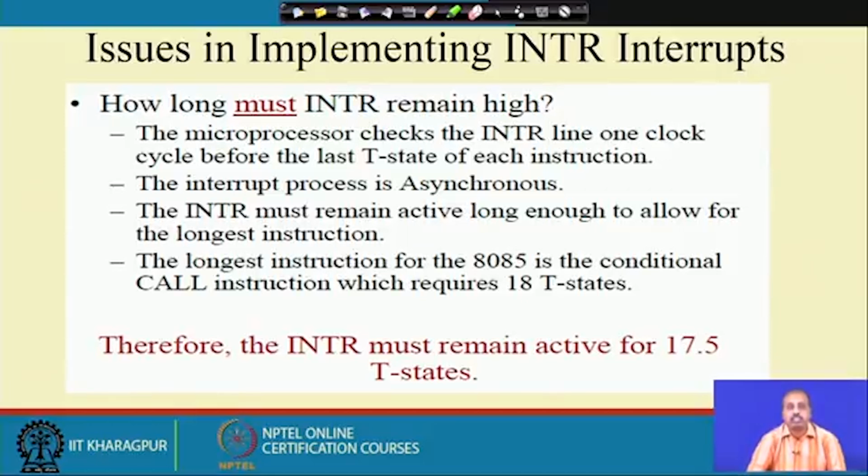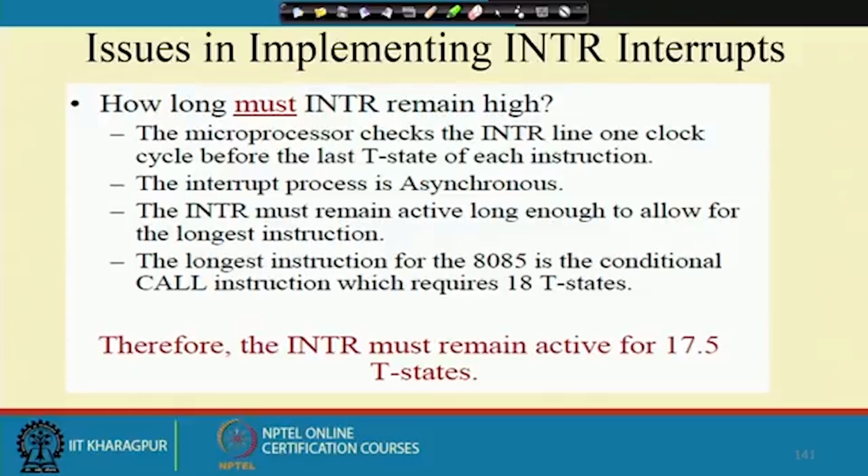One instruction consists of a number of machine cycles. In the last machine cycle, at the last T state, the processor checks the interrupt line. If the interrupt line becomes inactive before that, the interrupt will not be sensed by the microprocessor. Because the interrupt process is asynchronous, it can occur at any point of time.